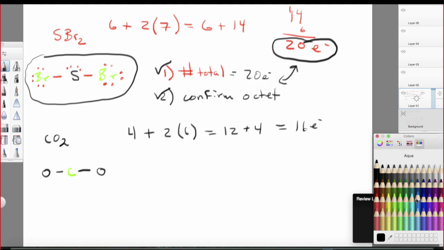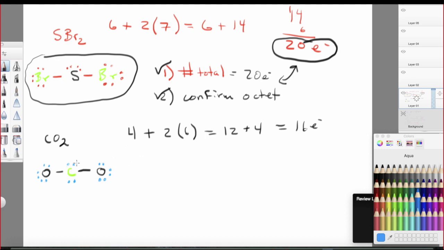Then I'm going to come in and add pairs of electrons starting on the central atom so that there are 8, and then I'm going to move out. Again, what I'm doing right now is showing you how the list of rules, if you follow them, will lead you to the correct structure. Memorization is bad.